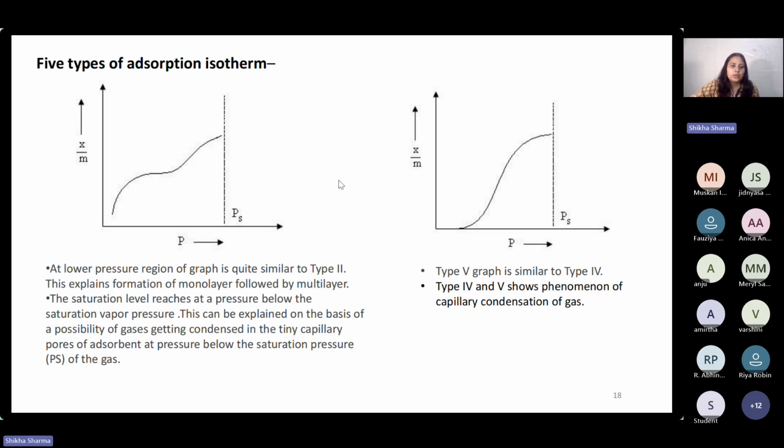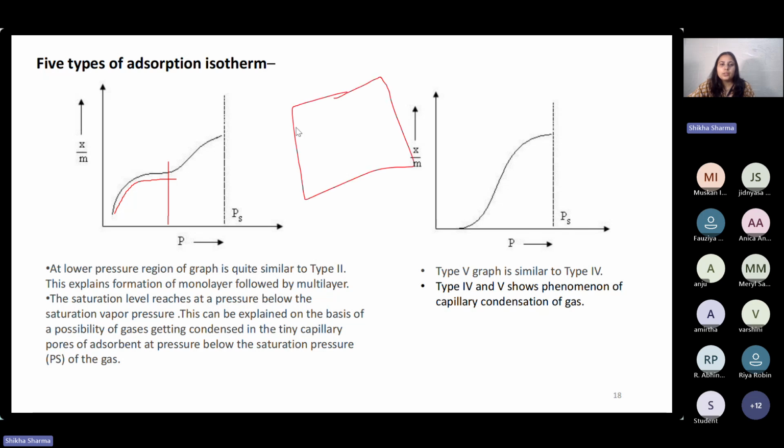And if we see the type 4 and 5 graphs, they depict that at lower pressure the adsorption is increasing and the monolayer is forming, and after the saturation level is reached at a particular temperature and vapor pressure, it levels off.